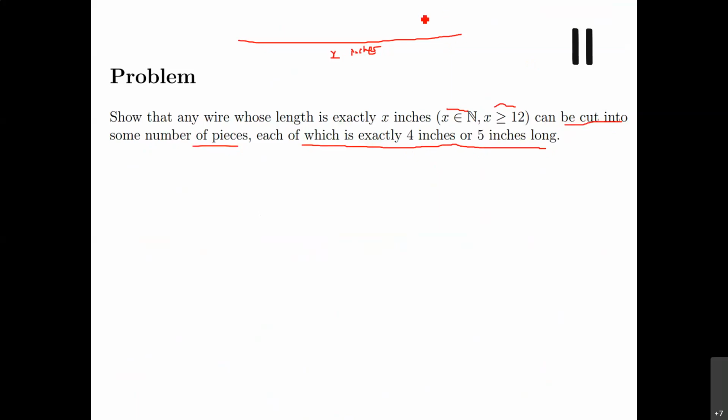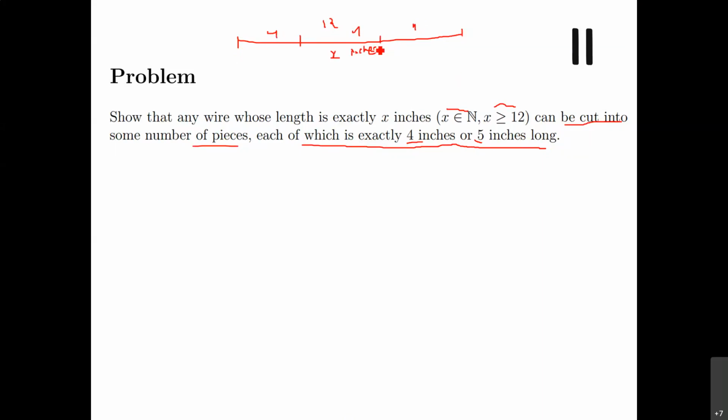So you have, let's say, a wire which is 12 inches. Can you cut it down into pieces which are exactly either 4 or 5? This one is yes. I think we can simply cut it into 3 4-inch parts.